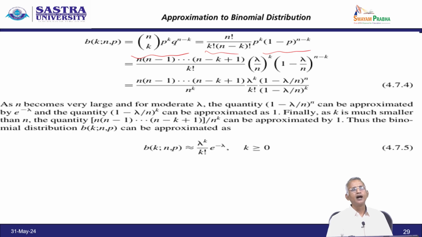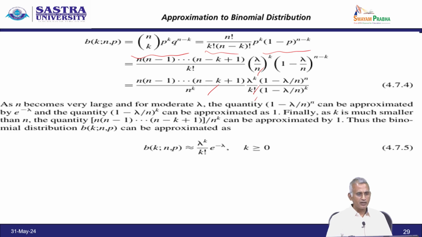So, cancel up to n minus k. So, the numerator is n into (n minus 1) into (n minus k plus 1) by n power k, and lambda power k by k factorial, and then n power n minus k into n power k is what, n power n, and then we have only k factorial, corresponding to (1 minus lambda by n) whole power n by (1 minus lambda by n) whole power k.